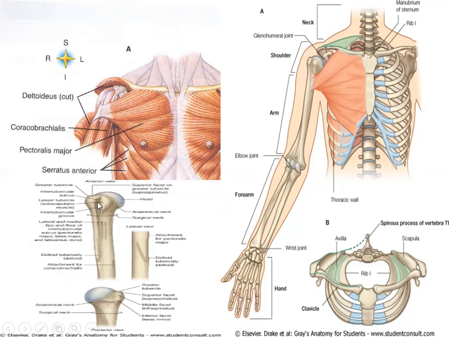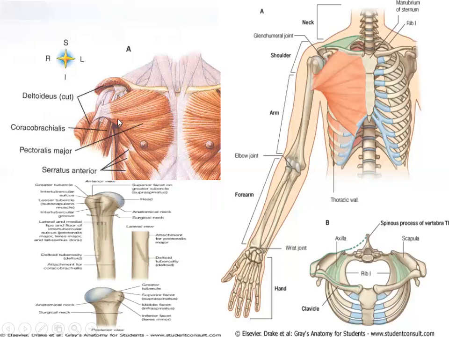This is called the bicipital groove, or the intertubercular sulcus, because there are two tubercles. This is the greater tubercle, this is the lesser tubercle. In between is the intertubercular sulcus. From the greater tubercle, there is a part extending here. This becomes the lateral lip. A part of the lesser tubercle will extend down as the medial lip.